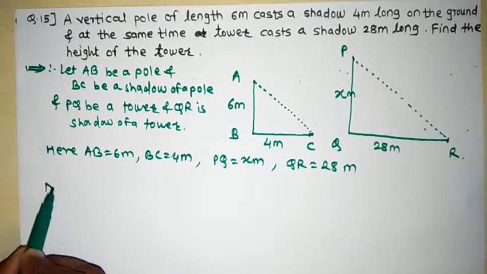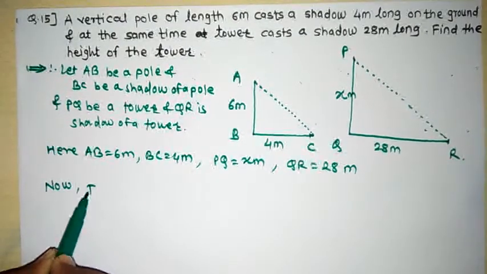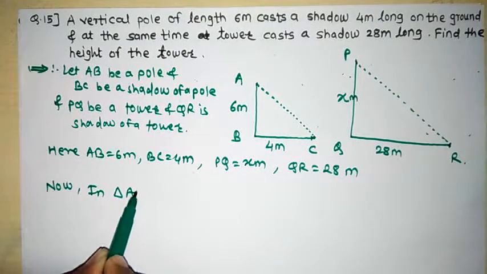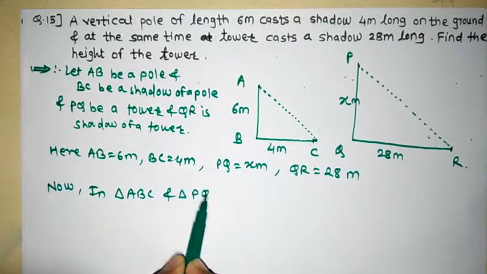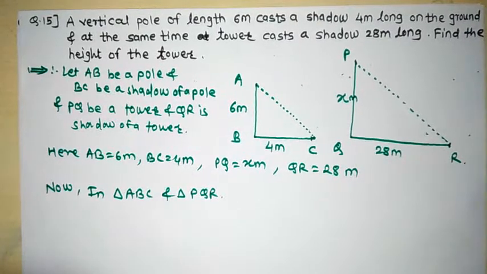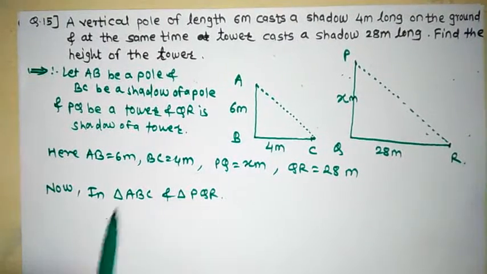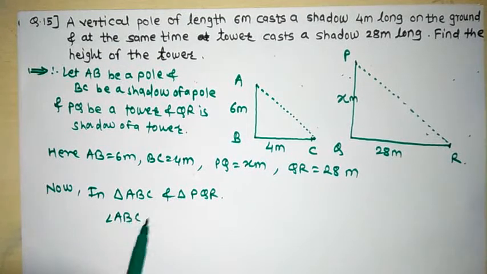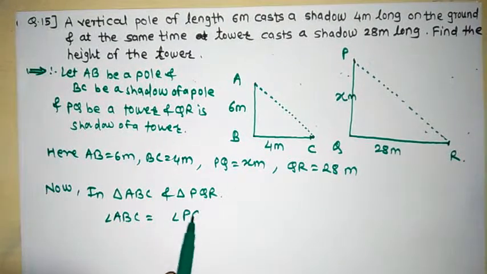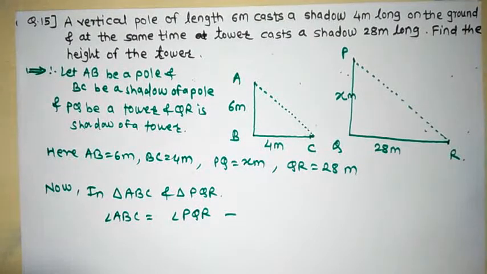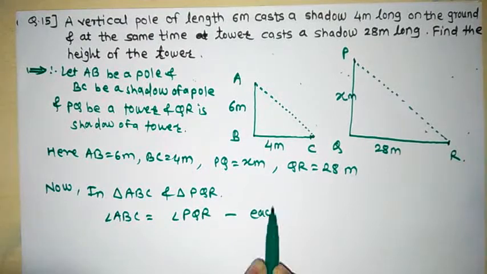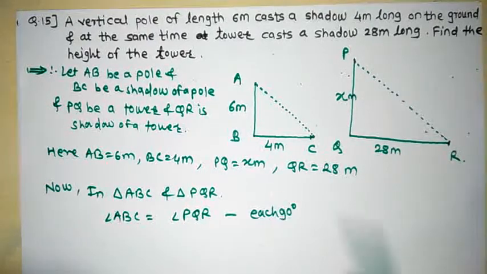Now in triangle ABC and triangle PQR, in these two triangles, angle ABC is equal to angle PQR. What is the reason why these two angles are equal? Angle ABC is equal to angle PQR because each is 90 degrees.